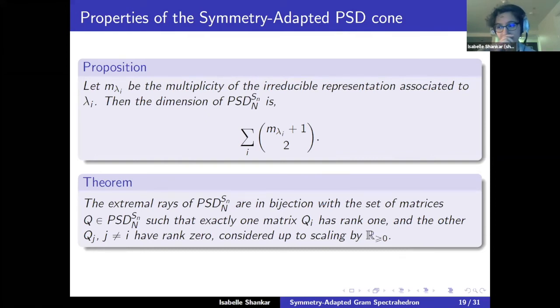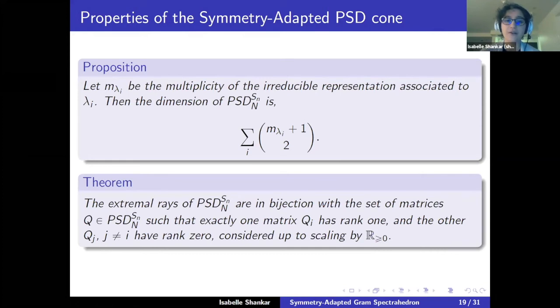In the paper, we have an example of the icosahedron, which decomposes into irreps of dimension 3, 4, and 5. Those matrices define the extremal rays for that symmetry adapted PSD cone, which I think is kind of interesting and different. Yeah, so I'll go on to the symmetry adapted Gram spectrahedra after this.